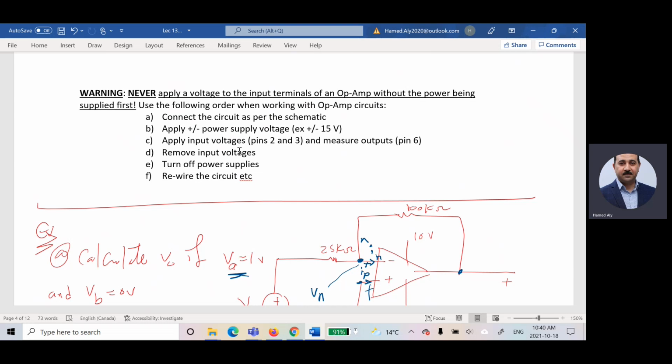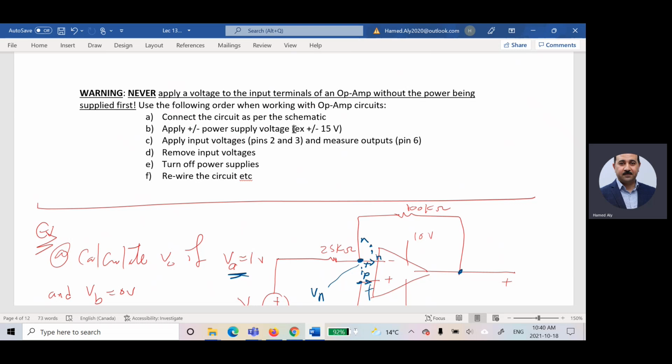If you would like to remove the inputs, keep the power supply connected, remove the inputs, and then if you like, remove the power supply. But don't do the opposite because you will lose your operational amplifier.